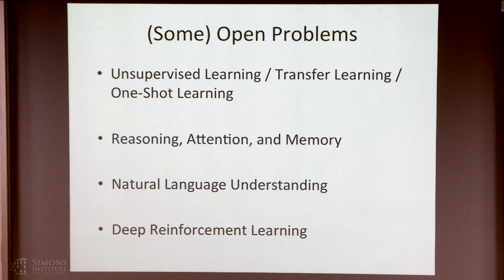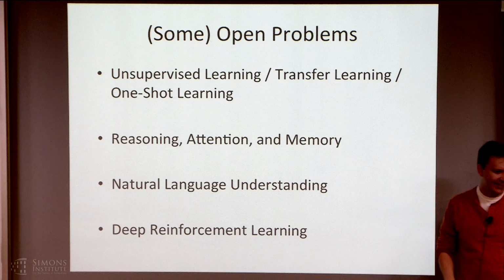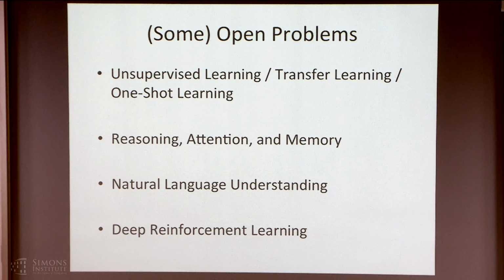So let me just quickly finish off. I have 10 minutes. Some of the open problems. Obviously, unsupervised learning, transfer learning, one-shot learning: these are key problems that a lot of us are trying to solve. There is also a class of models that have to do with attention, and more recently with memory, designing external memory mechanisms, and people are trying to figure out how you can do that.